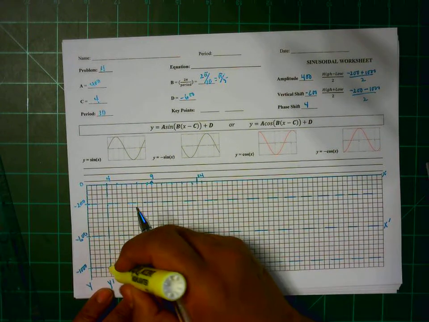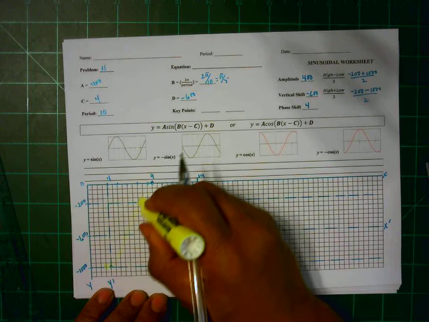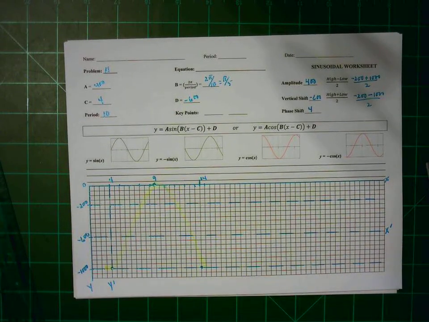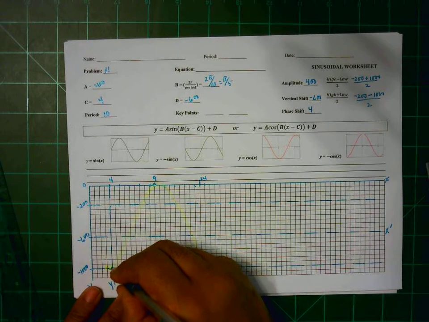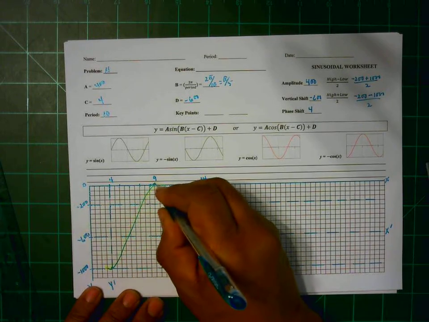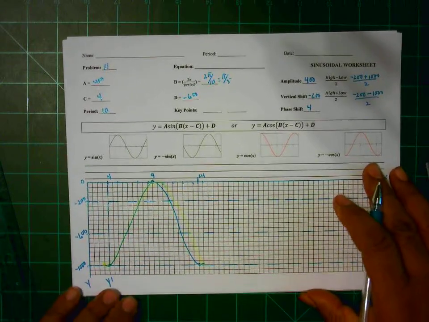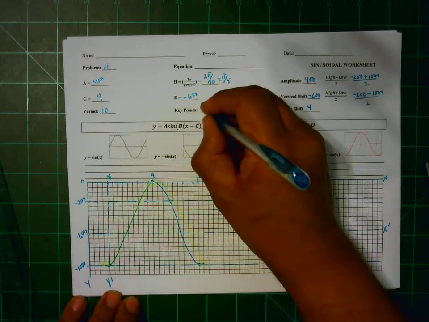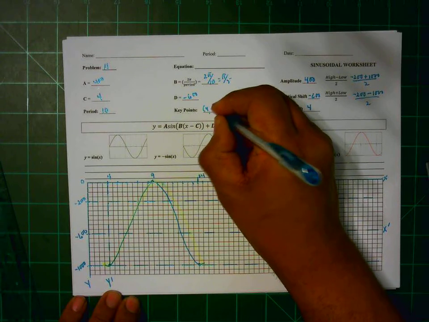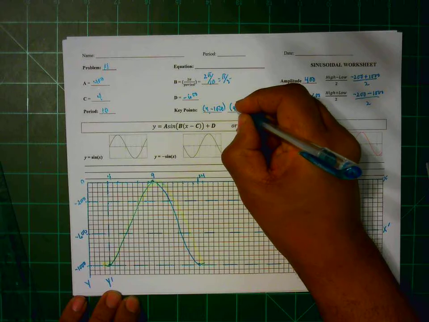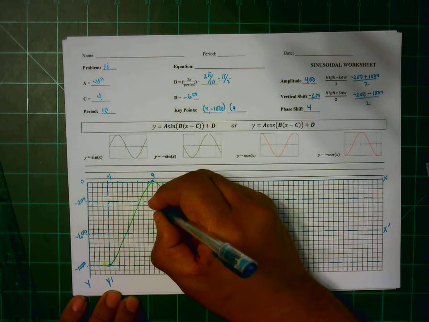So the graph looks like this. Okay, so key points. Before negative 1,000 and 9, actually that should have been here, not up there.